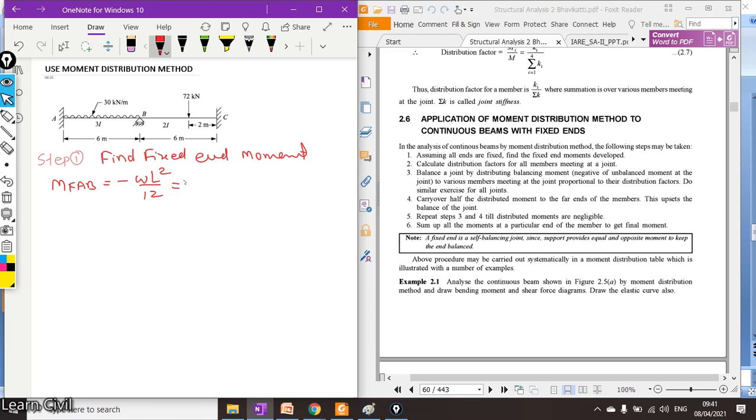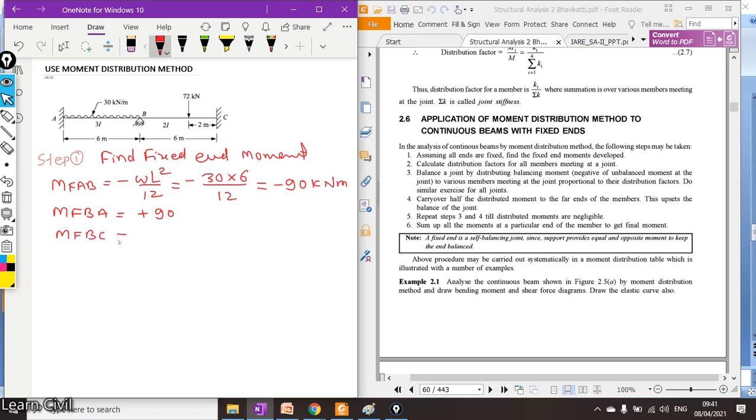We have W equal to 30, L equal to 6 meter for span AB, divided by 12. So this is equal to minus 90 kilonewton meter. Similarly, MFBA will be plus 90 kilonewton meter, that is plus WL square upon 12.